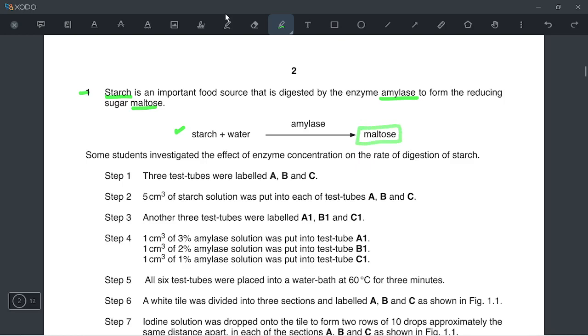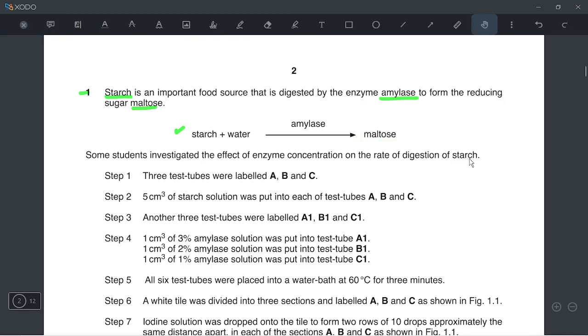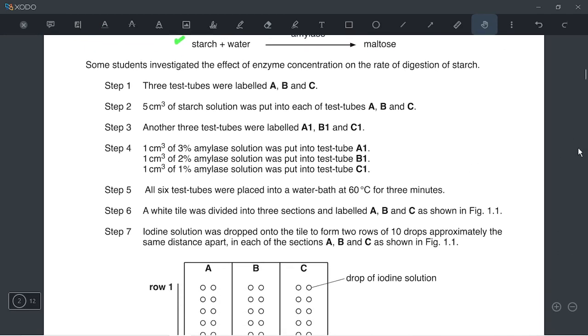Some students investigated the effect of enzyme concentration on the rate of digestion of starch.